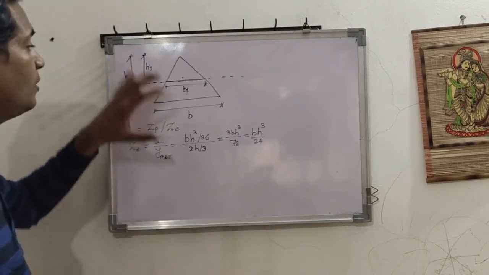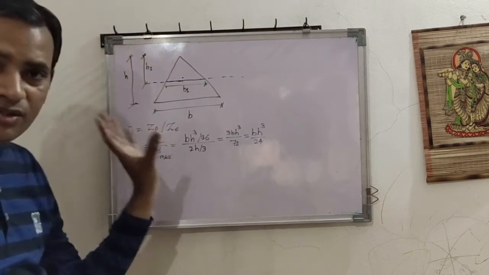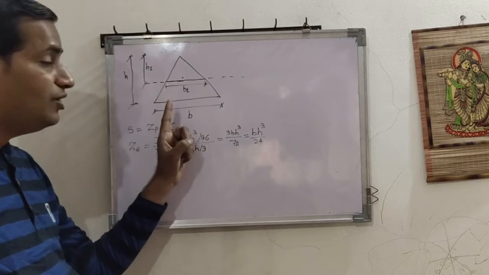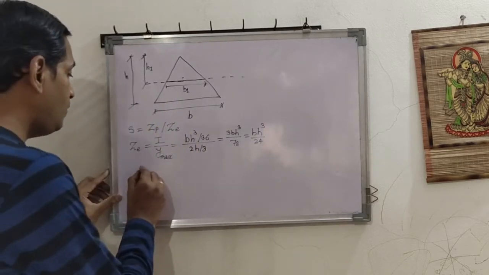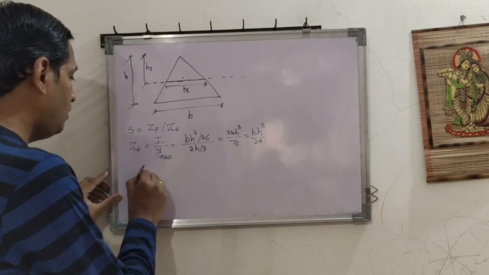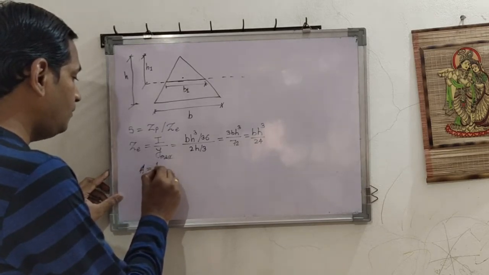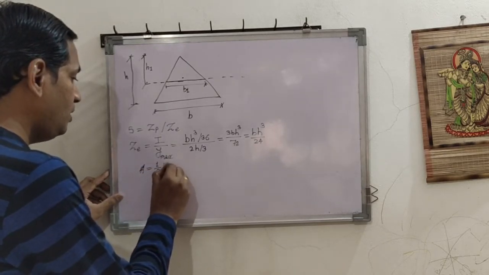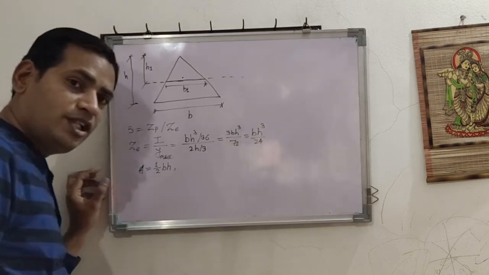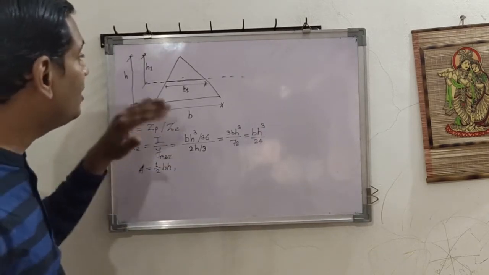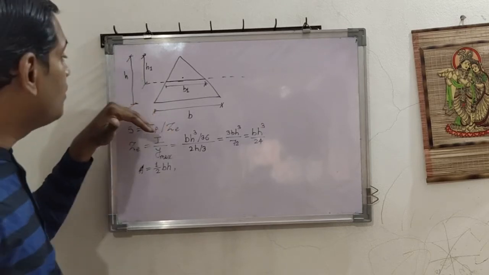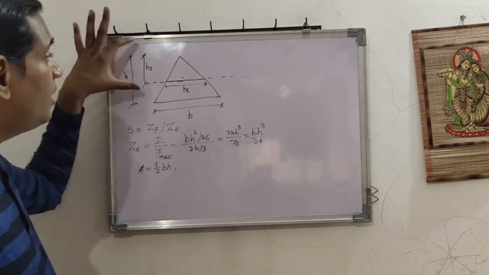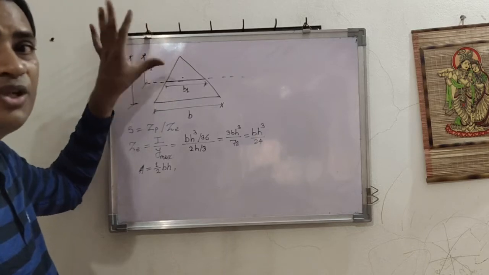It means whatever the total area is, how much is the total area? Since it is a triangle, half base into height. So area of triangle is equal to half base into height. Now we shall assume any area, either above the neutral axis or below the neutral axis. I have considered above the neutral axis, which is in the compression zone.